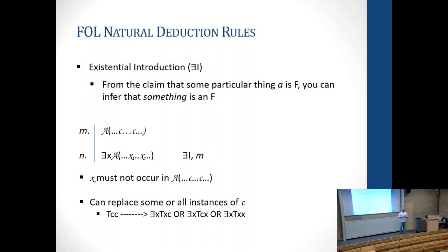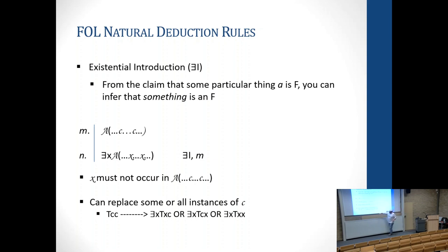Because the thought here is, remember, the existential is just there's at least one. So if you know it holds for some name, then you know it holds for at least one thing, whatever name that was. The really neat thing is, for example, if you have TCC, you could apply existential introduction twice.